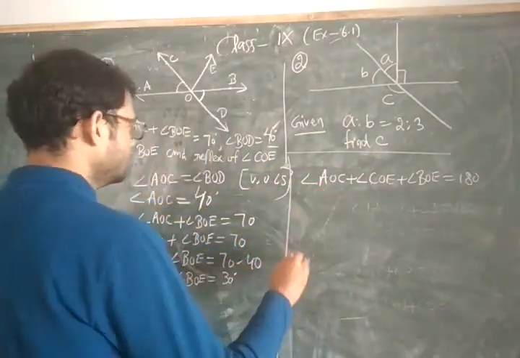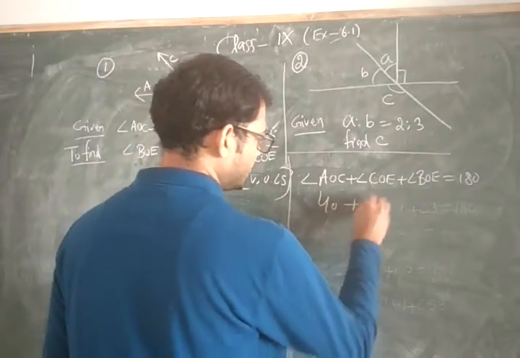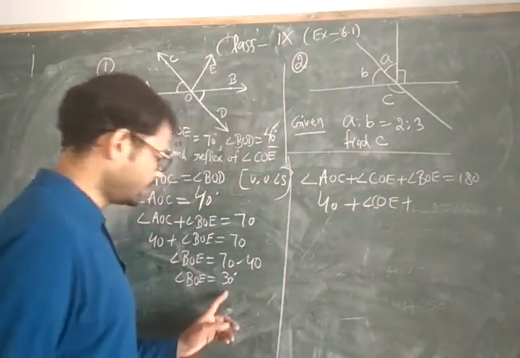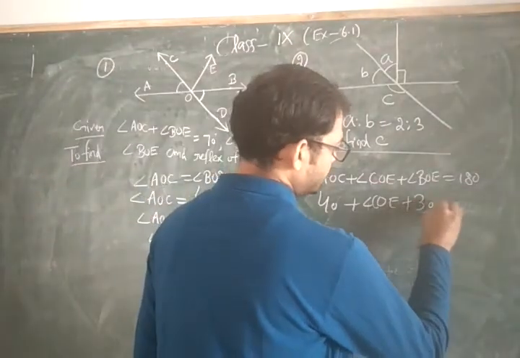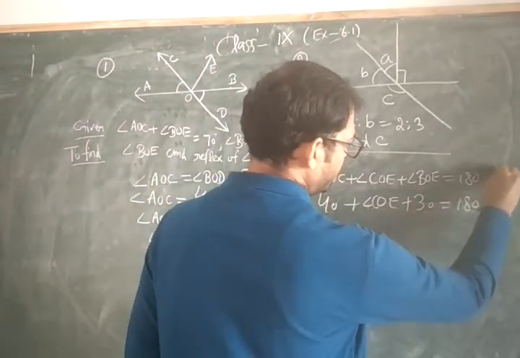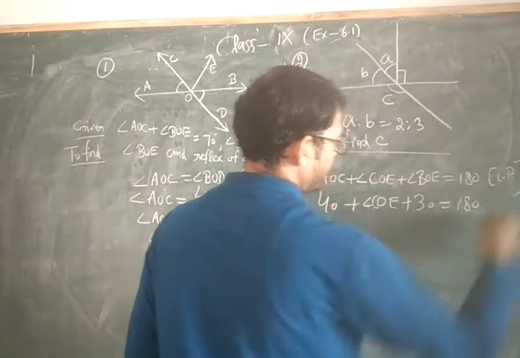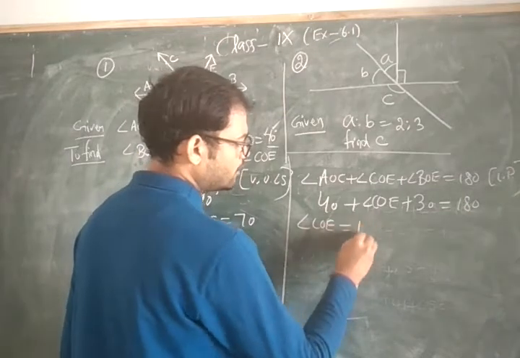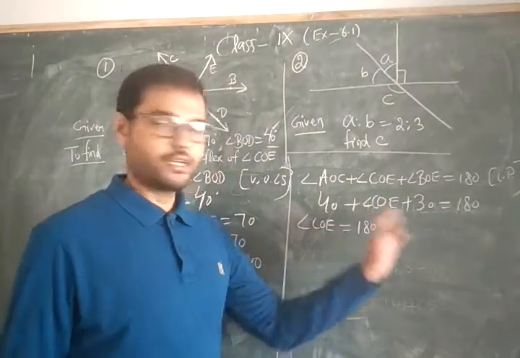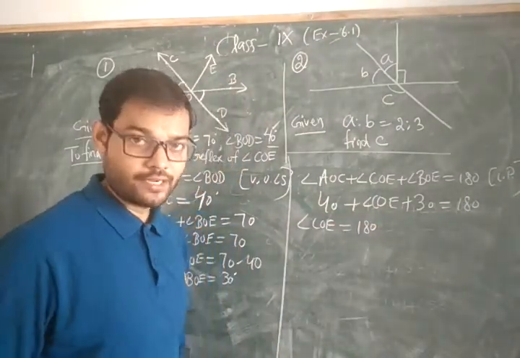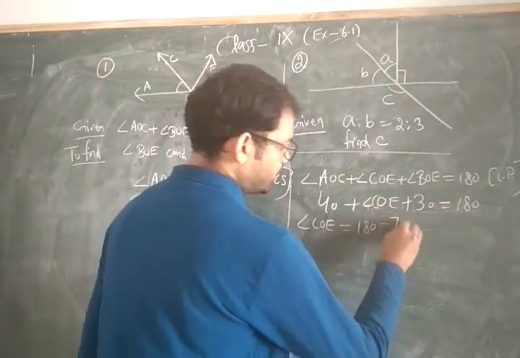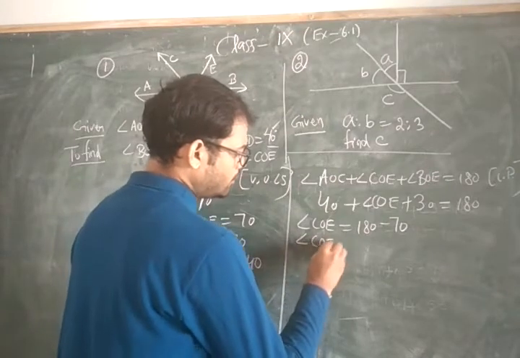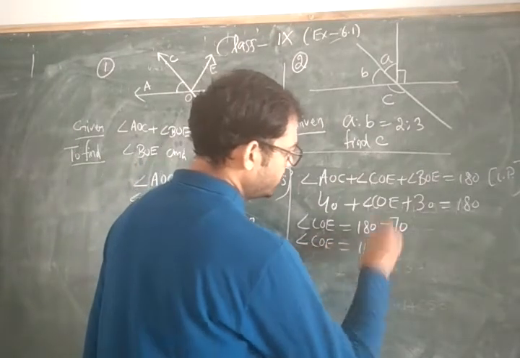Angle AOC is 40, angle COE we have to find, and BOE we already found is 30, and this is 180. So angle COE is equal to 180 minus, and 40 plus 30 will become 70. When you take that outside it becomes minus 70. So angle COE is equal to 110.